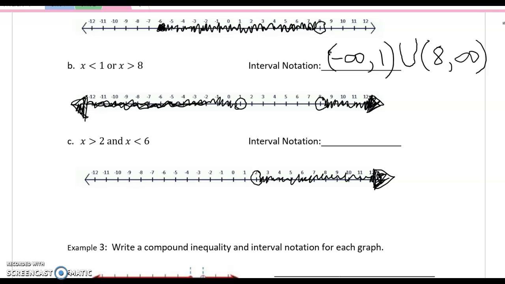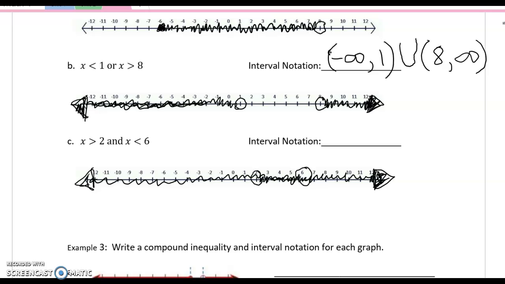Like I did before, I'm going to graph each of these separately. Here we have x is greater than 2, so we've got an open circle on 2, and greater than means we shade to the right. Now I'm also going to graph on the same number line the second half, x is less than 6.